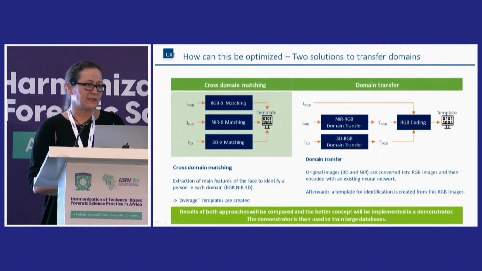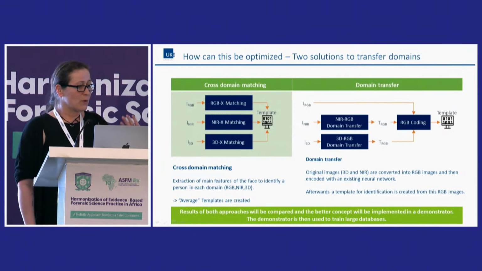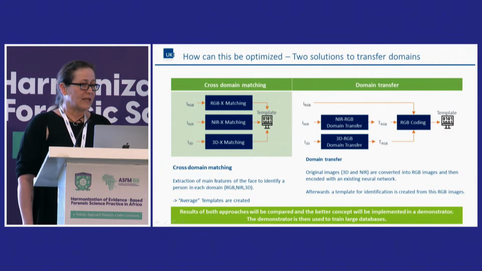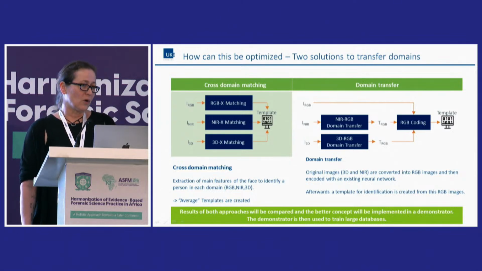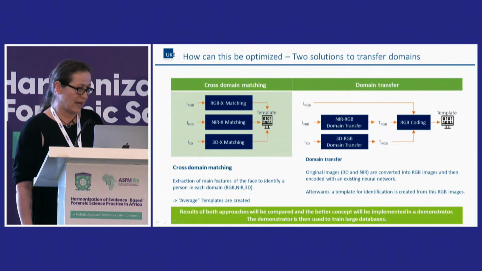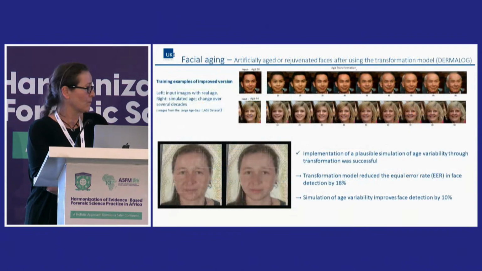These are just two ways how to do the transformation. They want to try both opportunities, and at the end, they will choose the one that works a little better, and implement this information into the demonstrator, and this you can use at the end to train large databases.